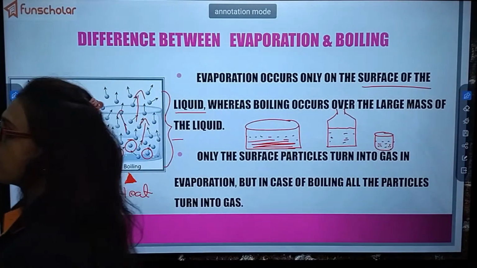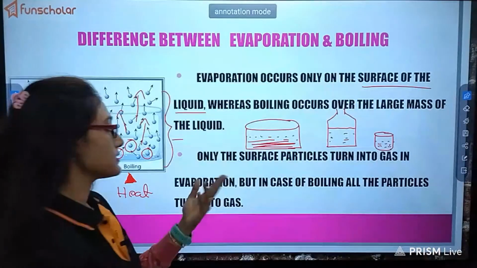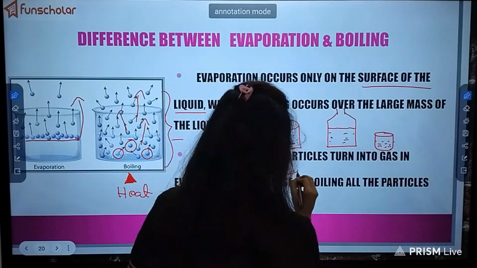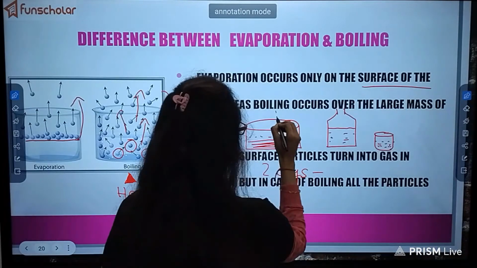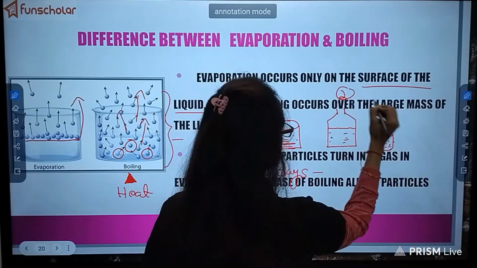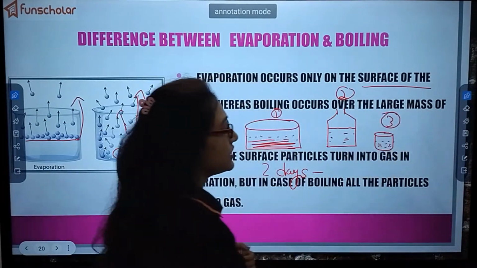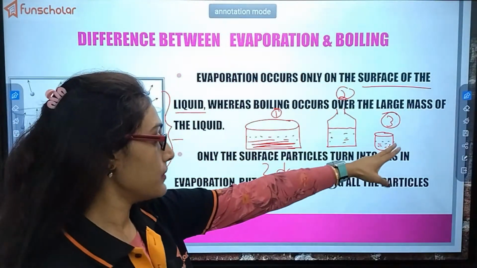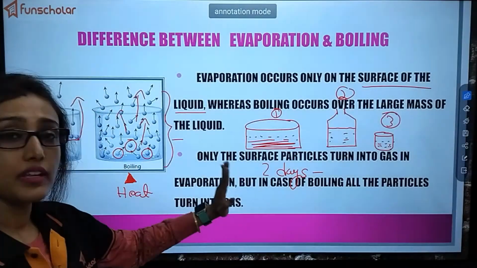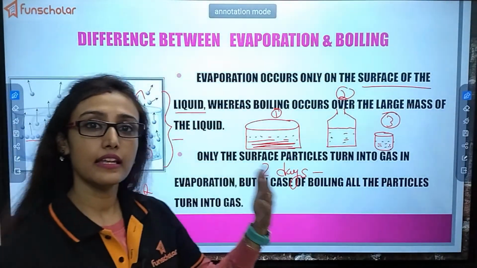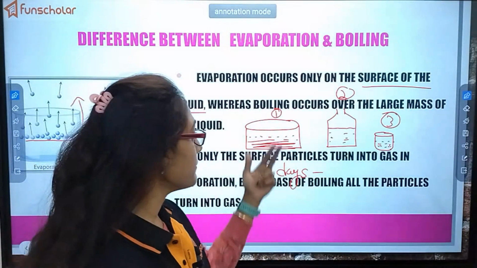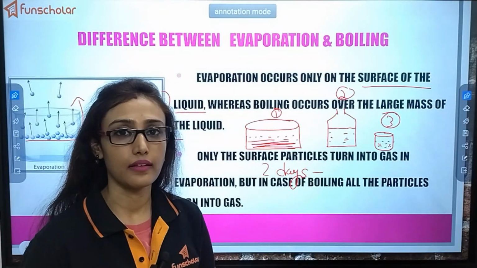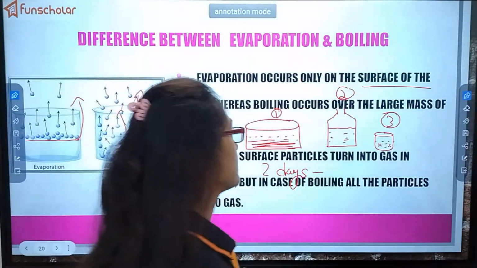So can you tell me, after suppose 2 days, this is one, this is two, this is three. In which of these three bottles will the level of water decrease rapidly, or evaporation occur at rapid mode? Can you tell me? Just guess.